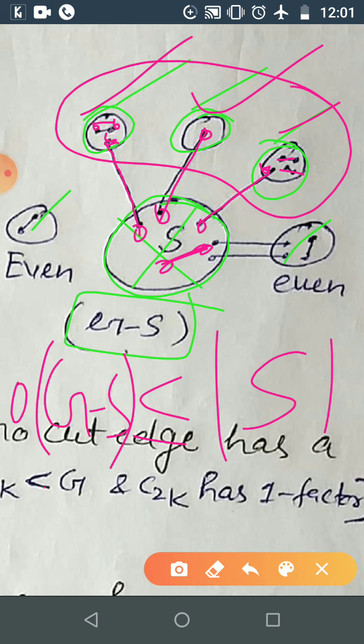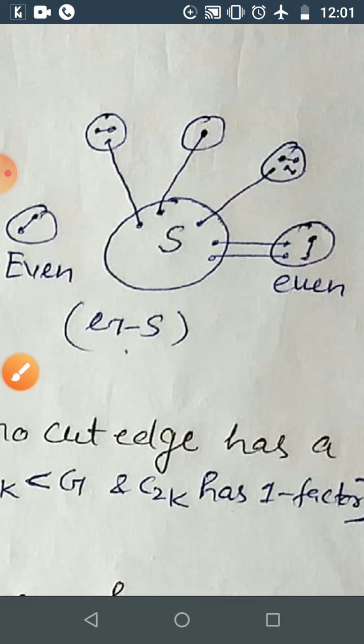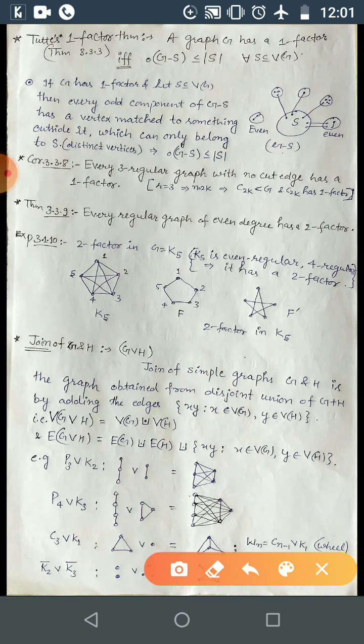So this should be the condition, and if this is the condition, then G has a one factor. That's what I have done here. If G has a one factor and you consider S to be any arbitrary set of vertices, then every odd component of G minus S has a vertex matched to something outside it, and that will surely be present in S, because S has distinct vertices, because of the one factor, because of the perfect matching.